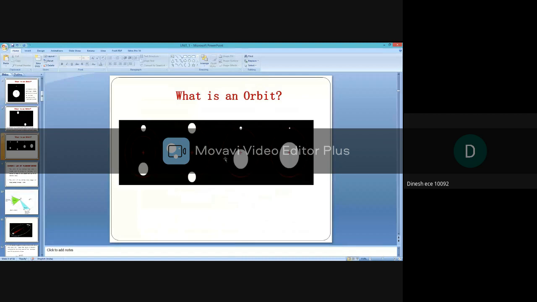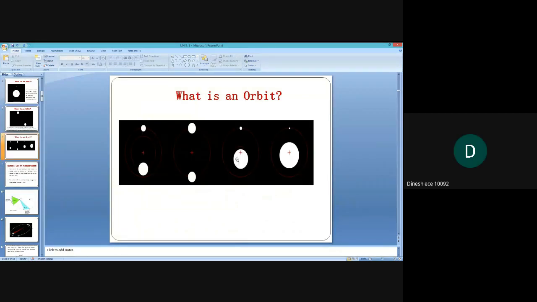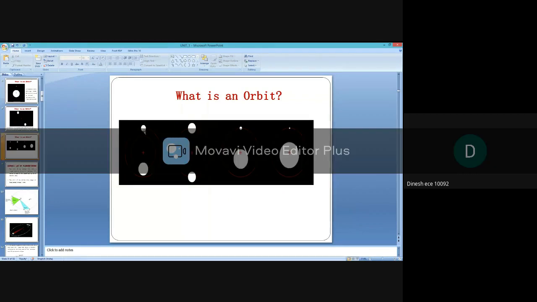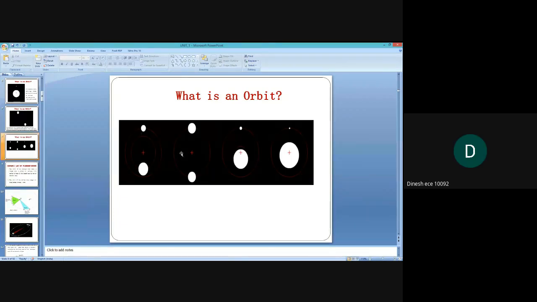Another example I'll show you. With the barycenter, the plus is your barycenter. There are two orbits. In the first diagram you can see one mass body is revolving, and another mass body is revolving around the barycenter in two different orbits. In the next image, two bodies revolve around the barycenter in the same orbit.